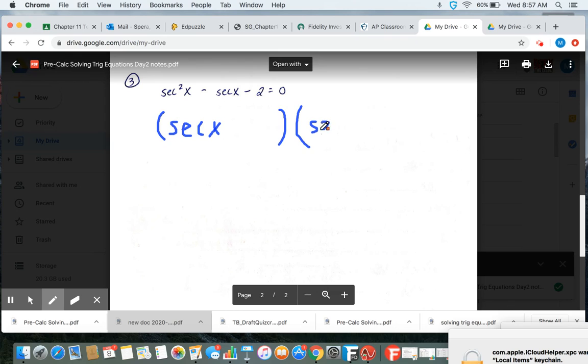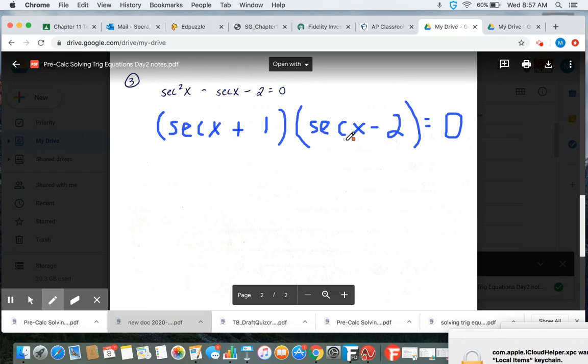Right, 2 is a prime number, but we would think what factors of 2 could give us -1. We just got to figure out the right spot for the sign. So if I need a negative in the middle, a negative secant x, the 2 is going to have to be the negative. This is going to be a positive, right? And this is definitely set equal to 0. So we're solving.